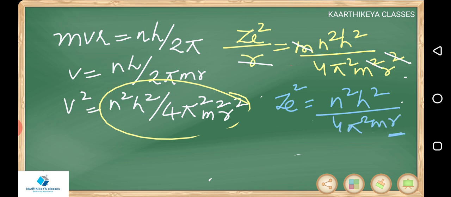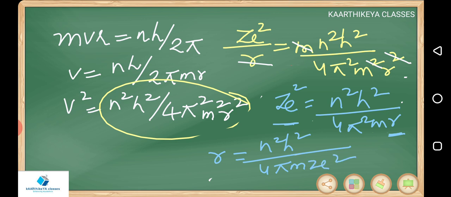This r if you bring here, r is equal to n square h square by 4 pi square m Z e square. This is the way to get the expression. Not required, but just for your understanding purpose I am giving it to you.